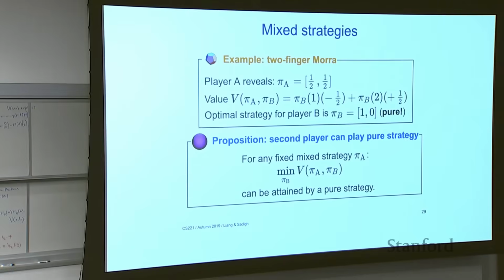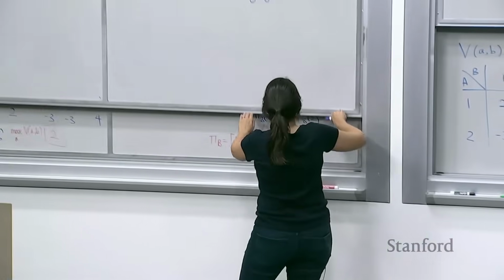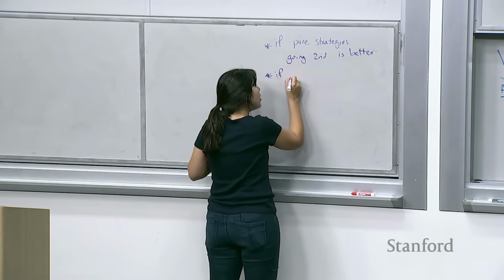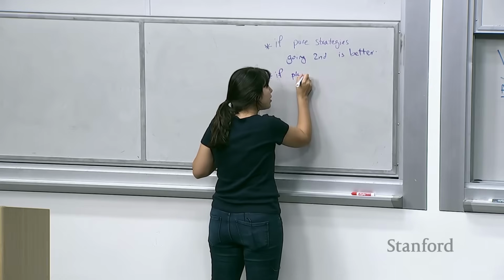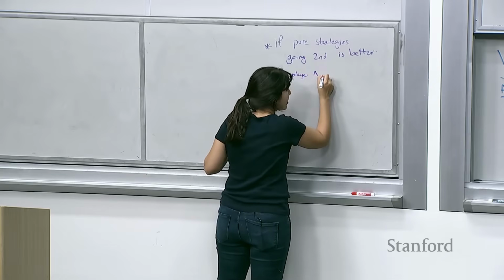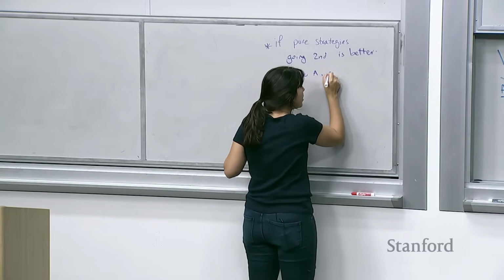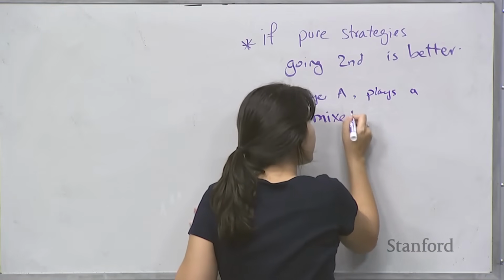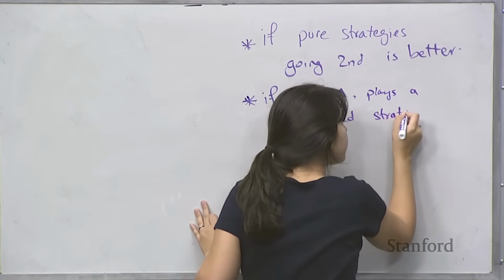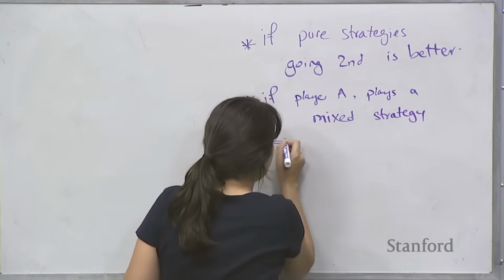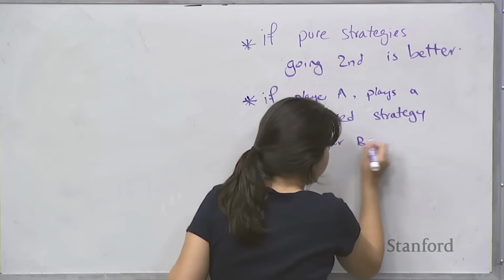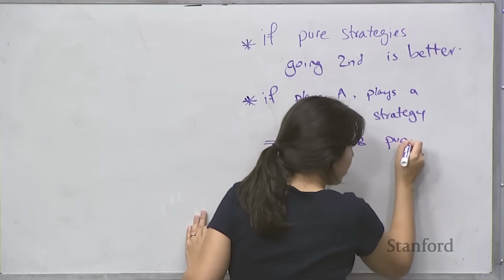So the second thing that I've learned here is, if player A plays a mixed strategy, player B has an optimal pure strategy.